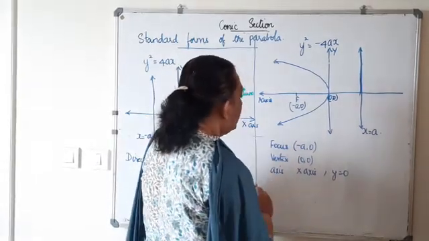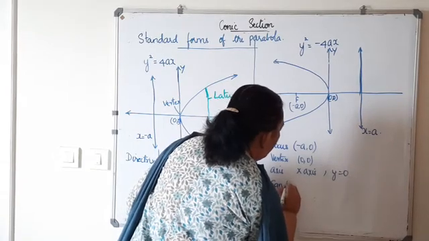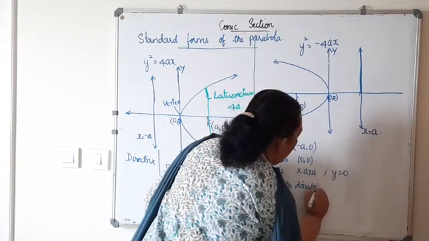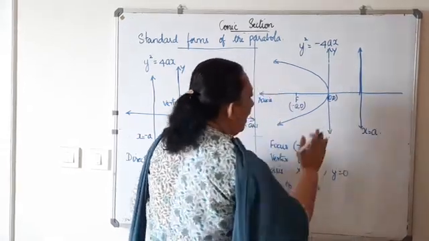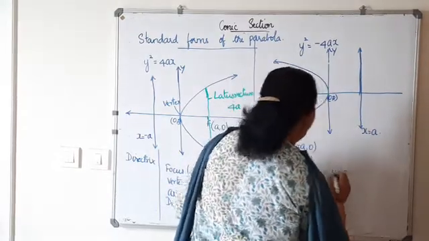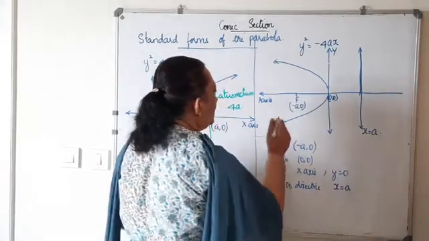This also has a directrix. It is parallel to the y-axis at a distance of a units. That is x is equal to a. And what about the latus rectum? This too has a latus rectum.